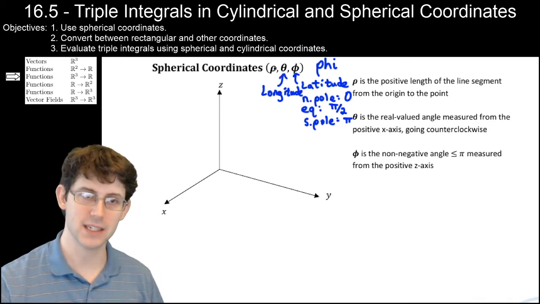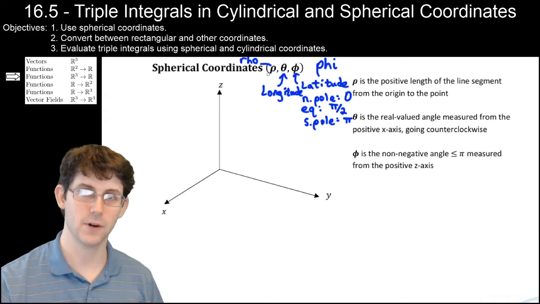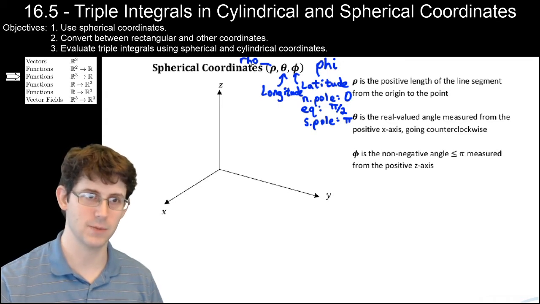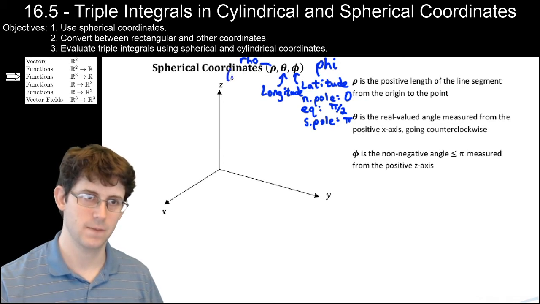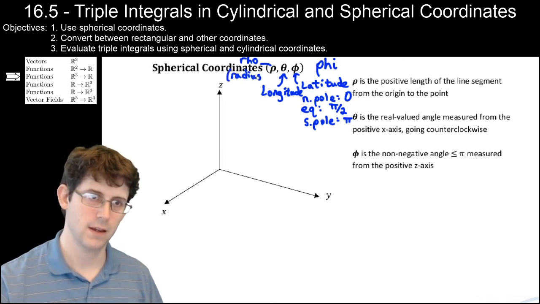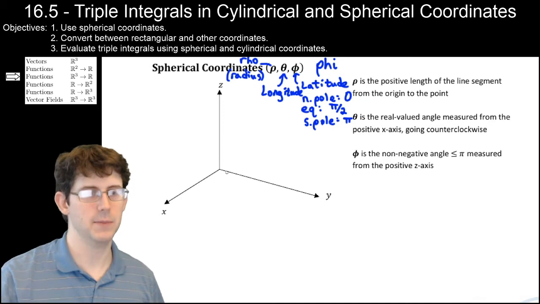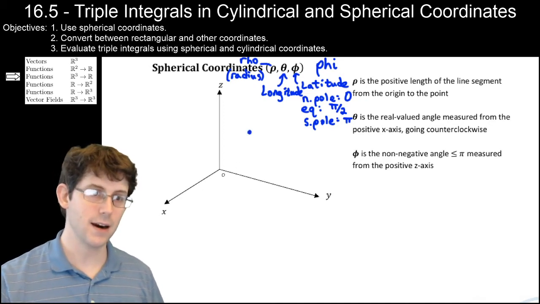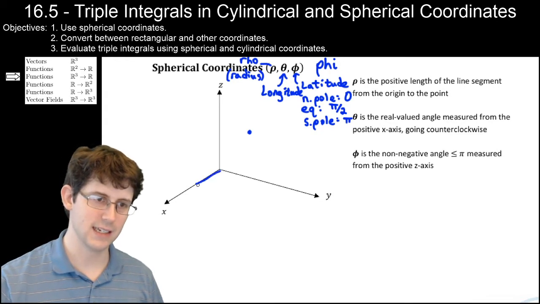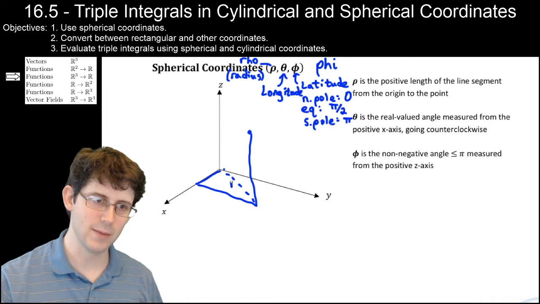And then rho, this is not a P. It's kind of like a P in Greek, but it's more like an R in Greek, rho. And the reason we use R is because it's the radius. It's the distance from the center. We don't use R because, say you had a point in space, R, we've already decided, stands for the distance in the xy plane.